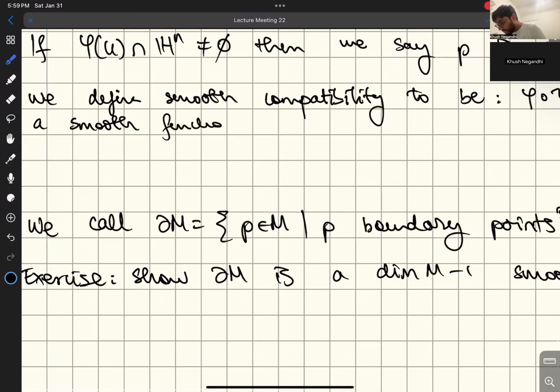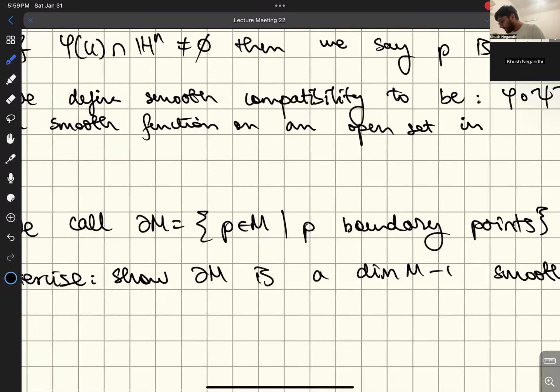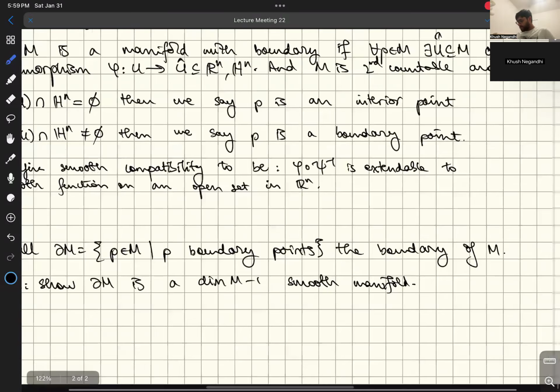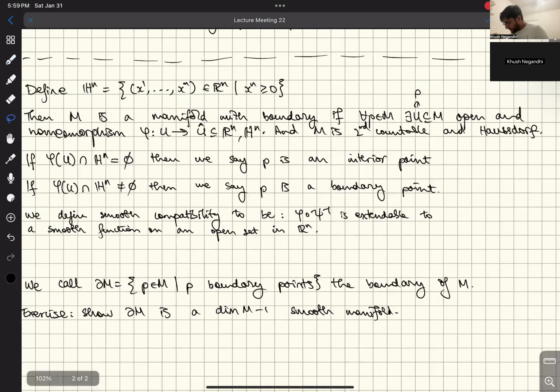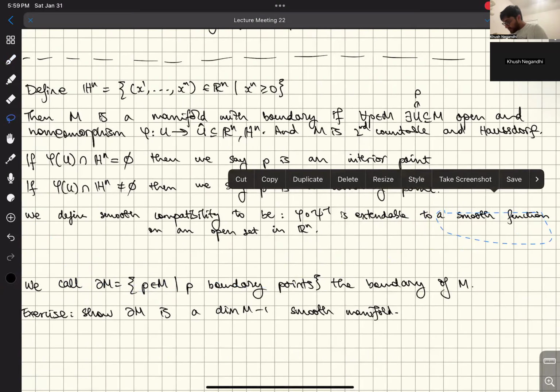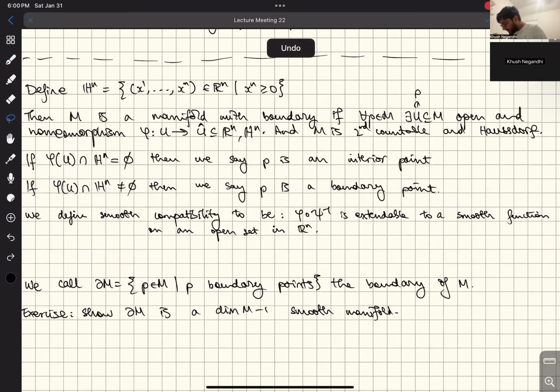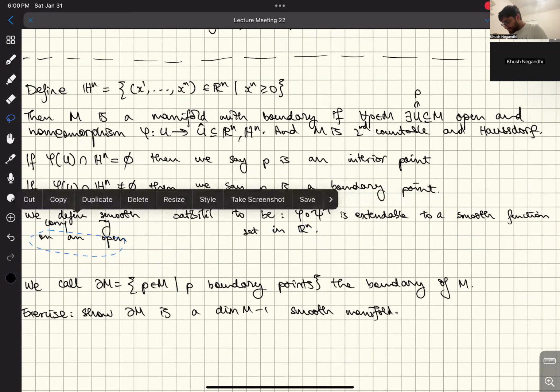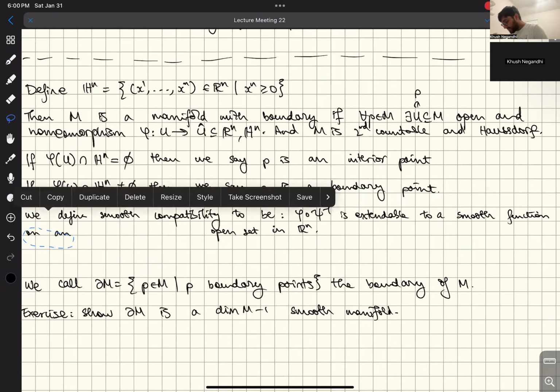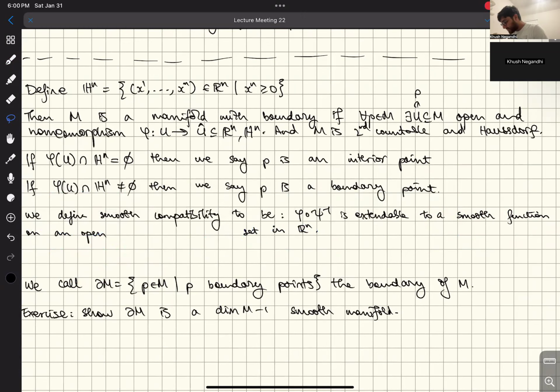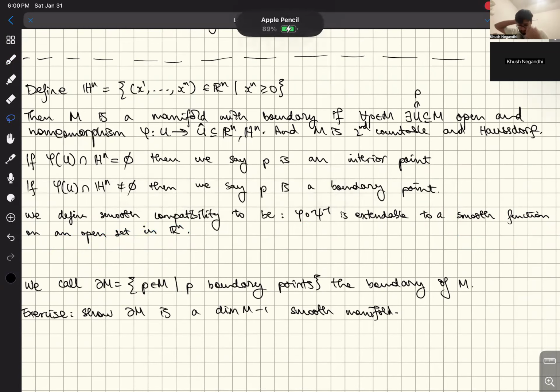on an open set in Rn. So if you have a manifold with boundary, and you're looking at charts on the boundary, they're going to overlap on some open set in Hn, but open sets in Hn could have this boundary that we've defined.